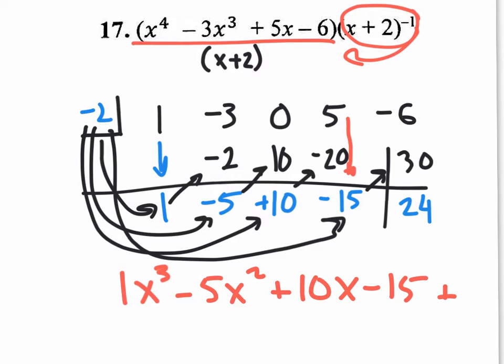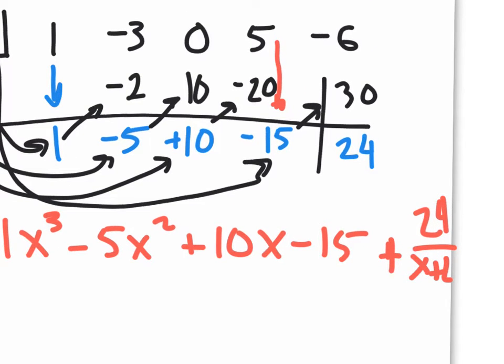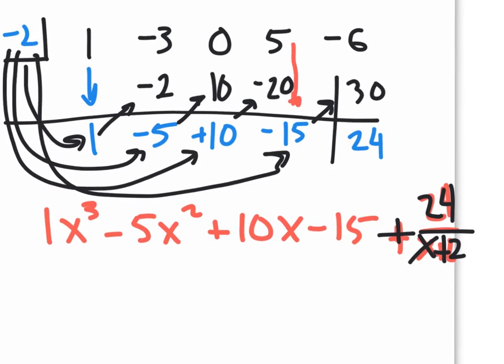You're going to go plus 24 over x plus 2, the original divisor. That came out really ugly. I apologize. Let me do that better. Plus 24 over x plus 2. That just made it worse. I'm sorry.